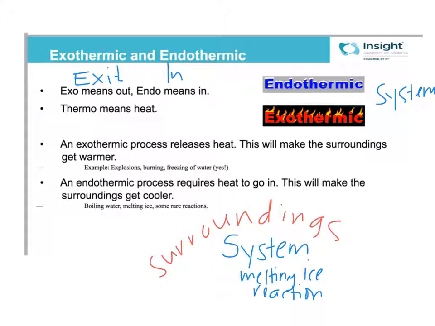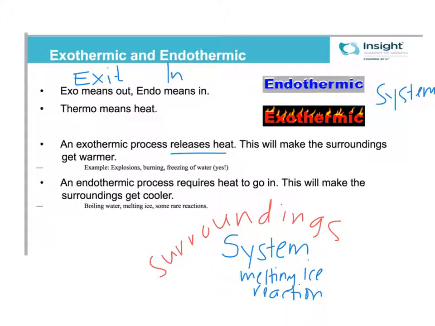So exothermic processes release heat from the system. The surroundings get warmer. If the surroundings are getting warmer, then the system is getting cooler, and that's exothermic because it's losing its heat to the surroundings. Some obvious examples of this are like a fire. You guys feel the heat. But what's actually happening is the log is losing that heat, and that's why you're feeling it.